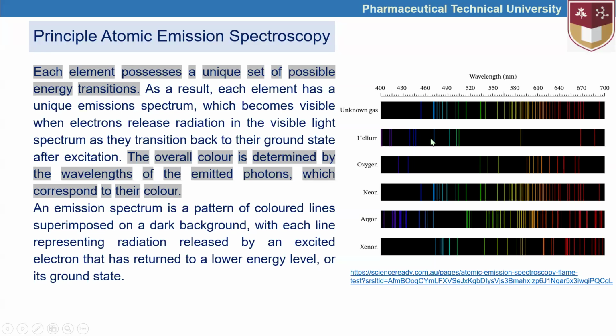For example, here we can see that helium and oxygen have highly differing spectra. Even atoms like neon and xenon do not have highly similar emission spectra.